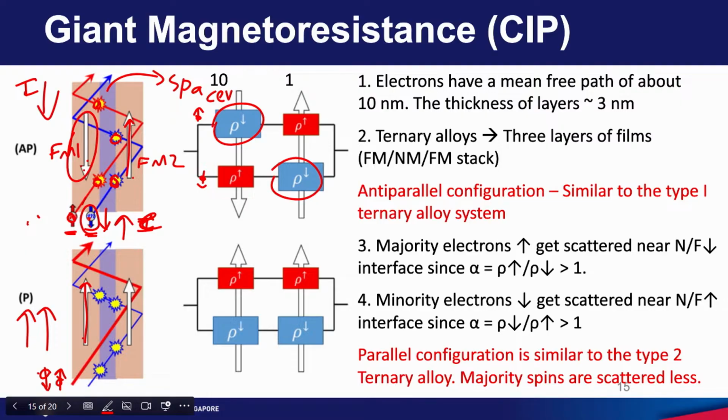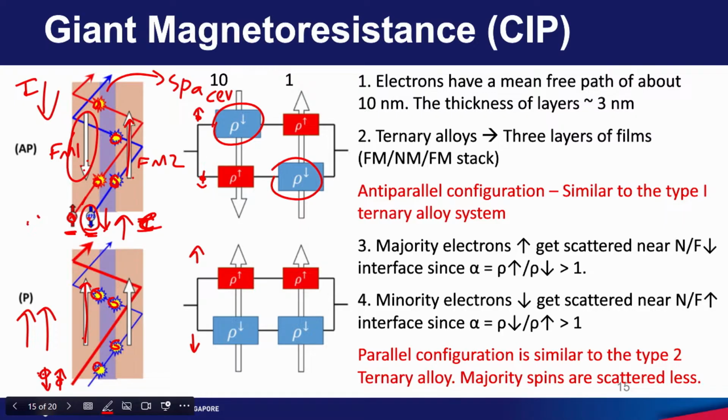Okay. Because the magnetic moment of the two layers are pointing in the anti-parallel direction. So, the blue electron will be scattered at both interfaces. Okay. So, in the second case, spin up electron has very low resistance, whereas the spin down electron has a very large resistance.